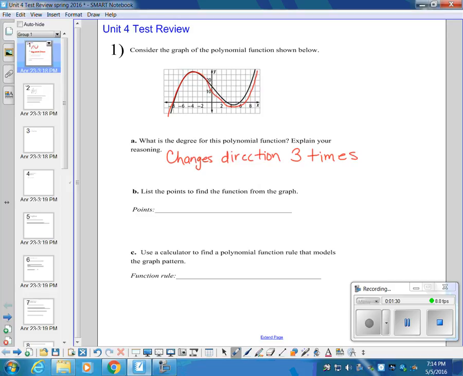So the degree is 3. Remember, it's not x cubed, it's not cubic, it is 3. The name of it is cubic. Okay, degree 3, name cubic.